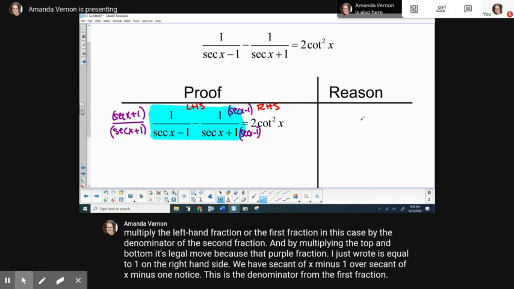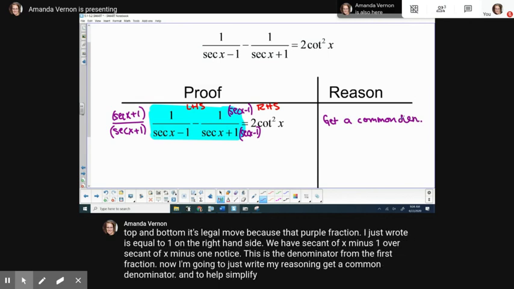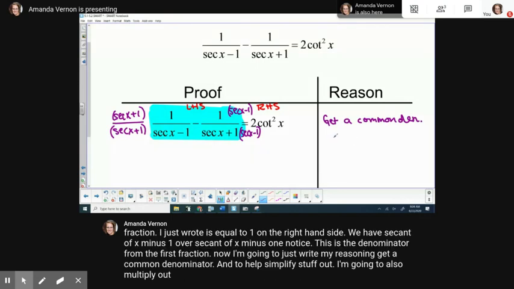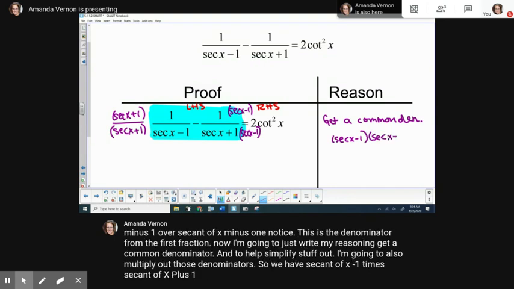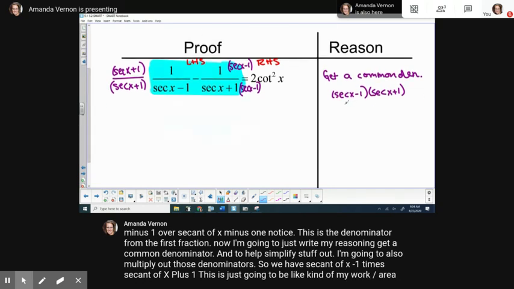Now, I'm going to just write my reasoning, get a common denominator. And to help simplify, I'm going to also multiply out those denominators. So we have secant of x minus 1 times secant of x plus 1. This is just going to be my work area to reason through and process the problem.